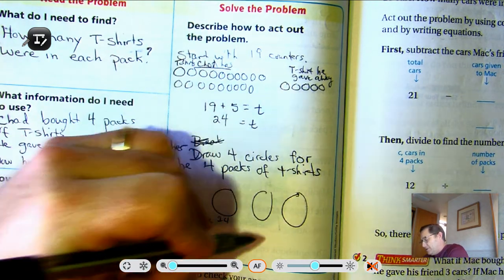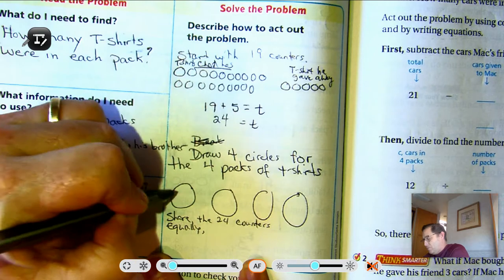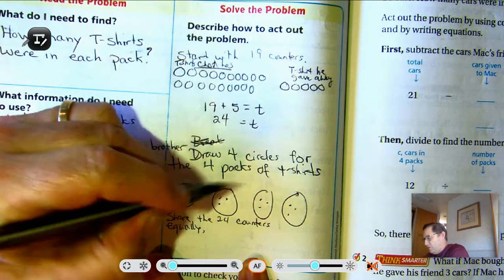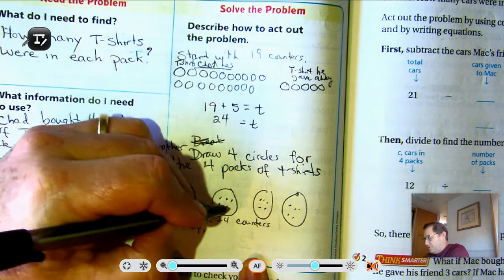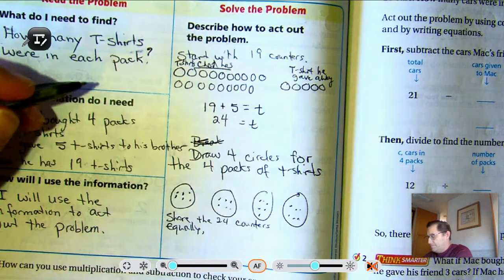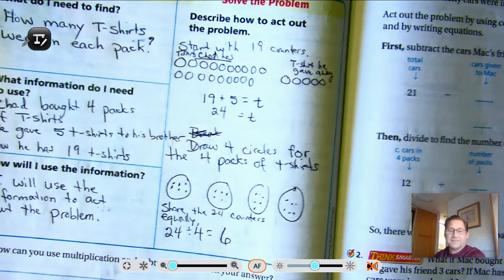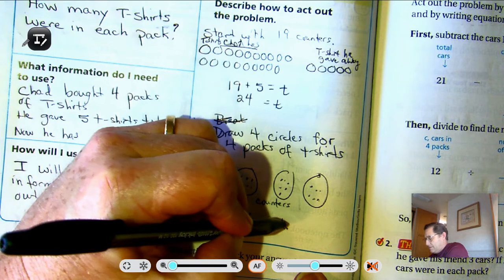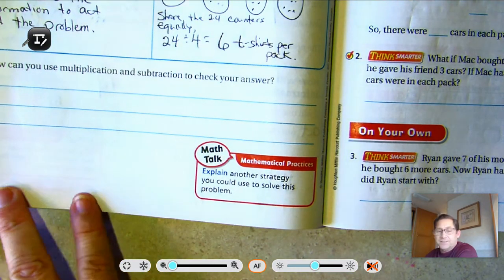Share the 24 counters equally. 1, 2, 3, 4, 5, 6, 7, 8, 9, 10, 11, 12, 13, 14, 15, 16, 17, 18, 19, 20, 21, 22, 23, 24. Okay, so basically we had 24 divided by 4 equals 6. So there were 6 t-shirts per pack. How can you use multiplication and subtraction to check your answer?